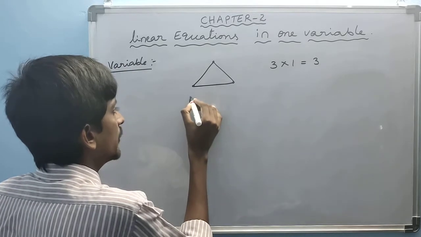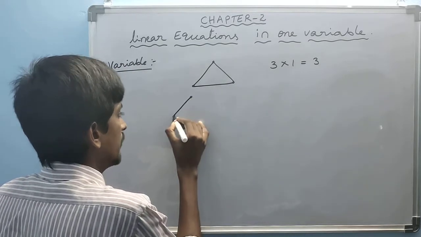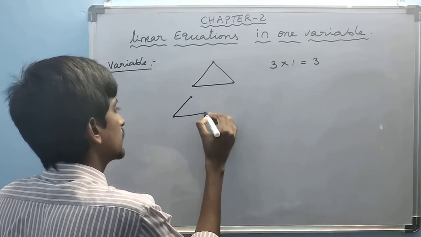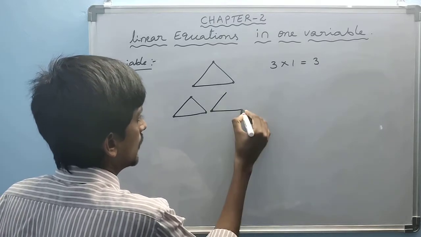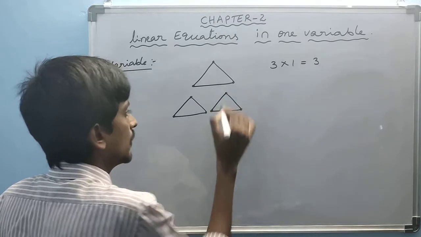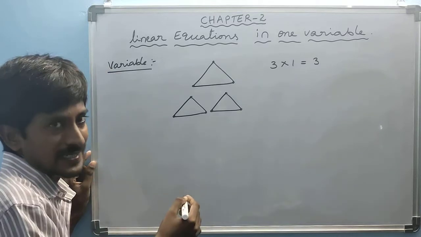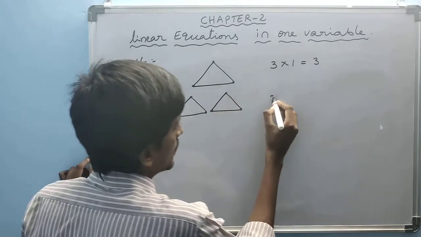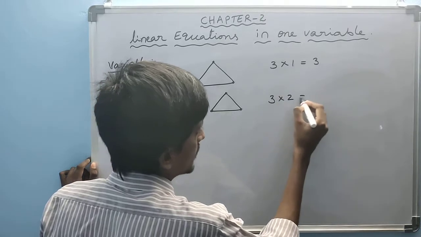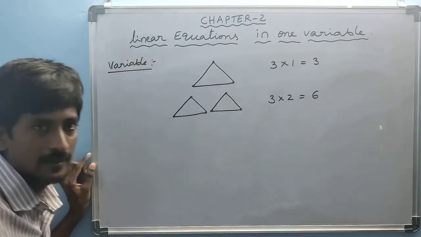For example, I want two triangles. How many matchsticks are needed? Here 3, here 3. So two triangles: 3 matchsticks into 2 triangles equals 6 matchsticks.